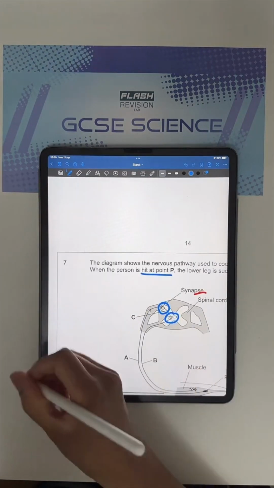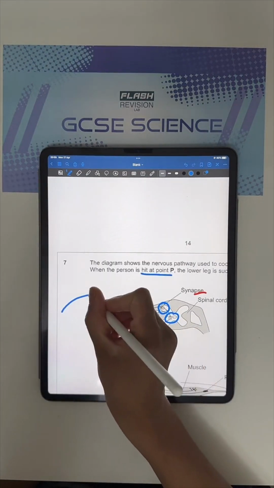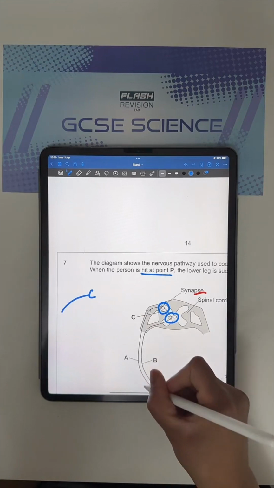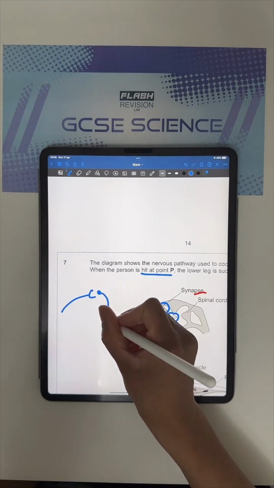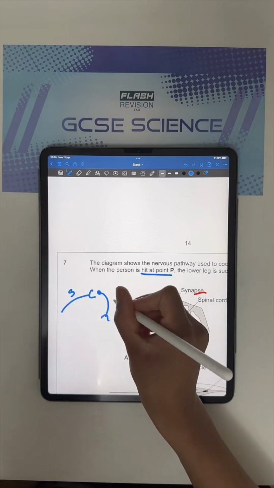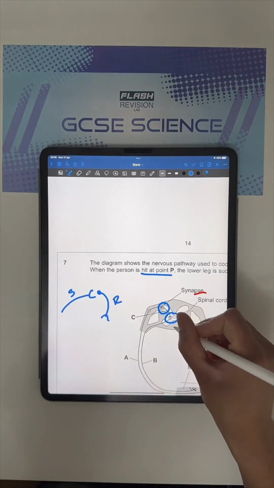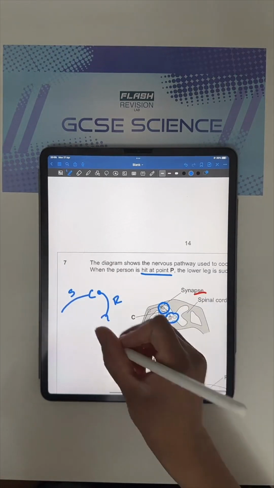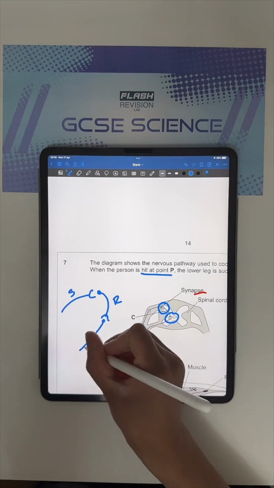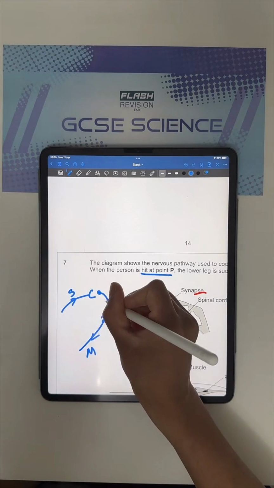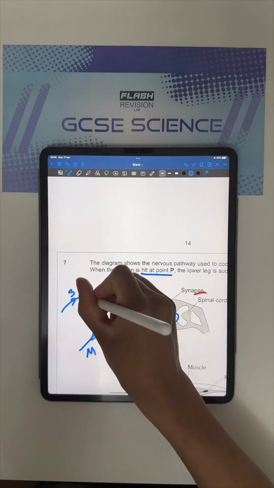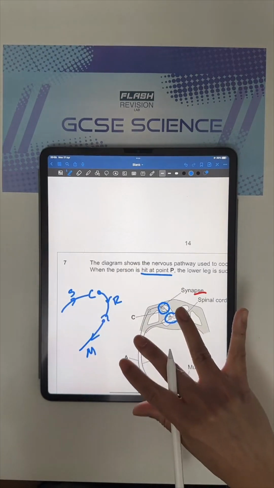What you can see is you've got your sensory neuron, your A, going to your relay neuron. That's the bit that's inside the spinal cord. And then that comes out of the motor neuron. So the synapse is the gap between the neurons.